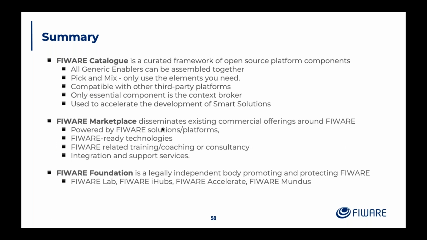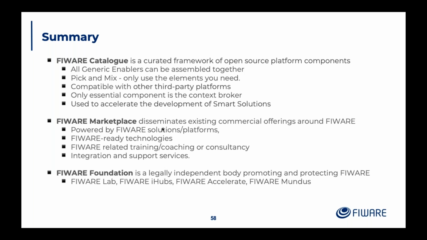FIWARE also has a catalogue, which is a curated framework of open source platform components, which can be added to one another, and you only take the bits you want, so you get free software and the right bit of free software for you. The only one which is essential is the context broker. You can use other components, you can use third-party components to cover that area. The whole point here is to accelerate the development of your smart solution. You don't have to write everything from scratch, you can get 90% of it for free.